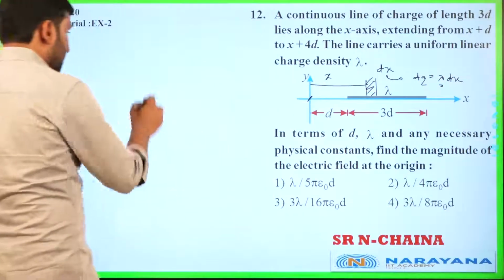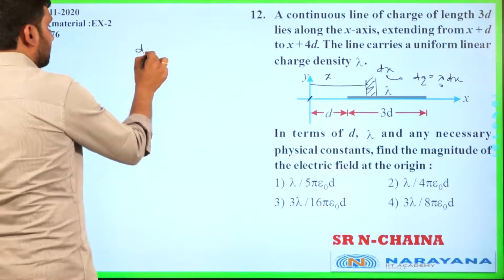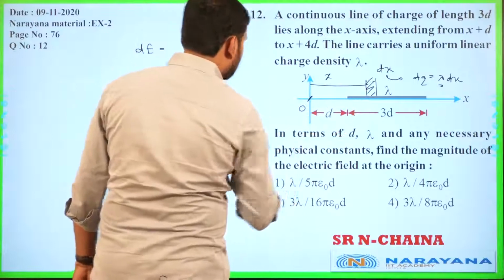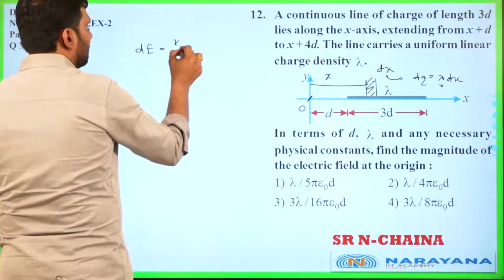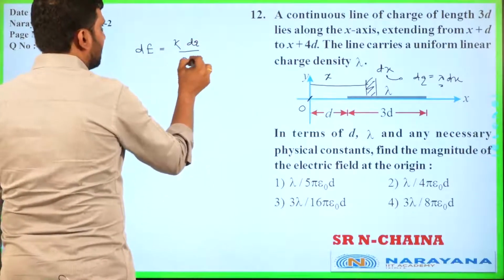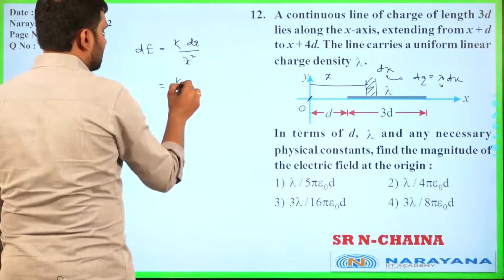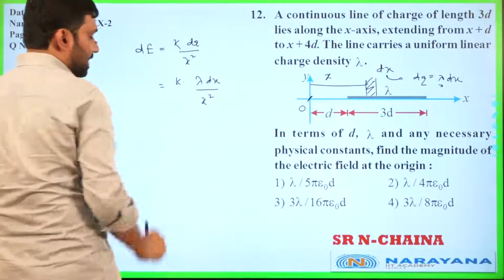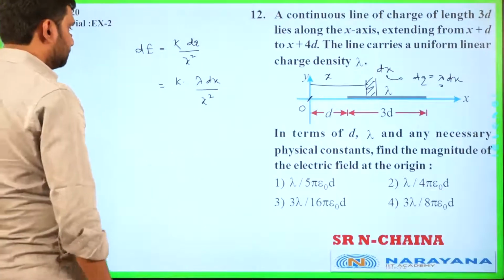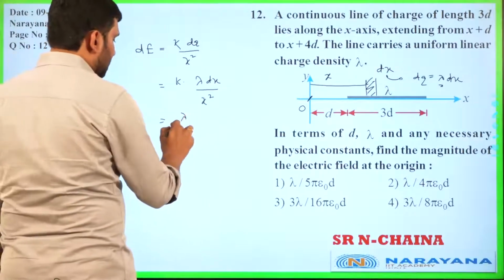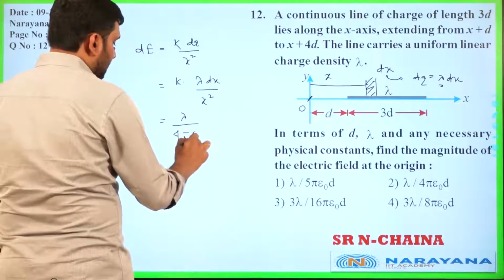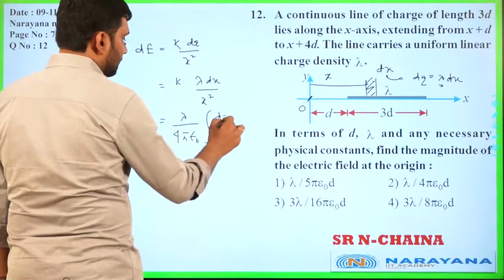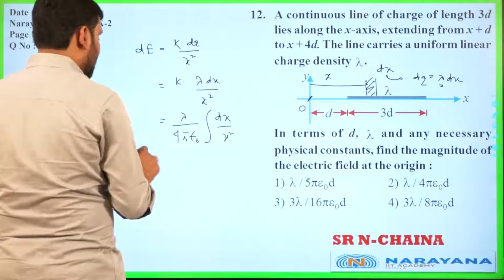So now dE, the field due to the small segment at the origin, is equal to K dq by x square, that is K lambda dx by x square. Fine. So it is coming to be lambda by 4 pi epsilon naught times the integration of dx by x square.